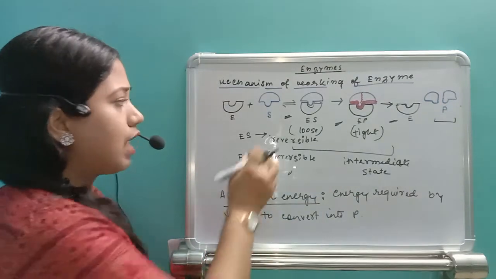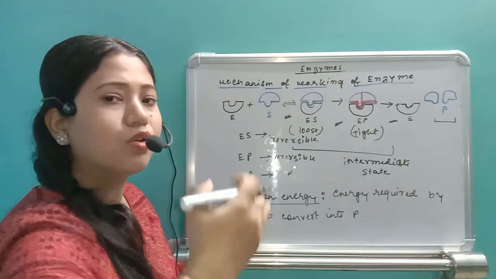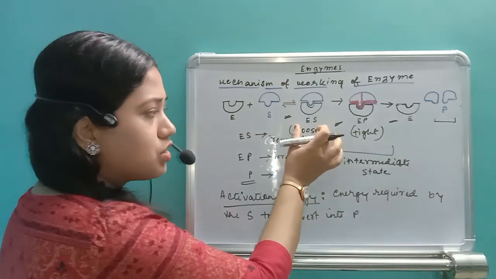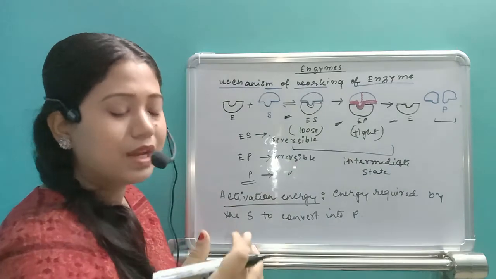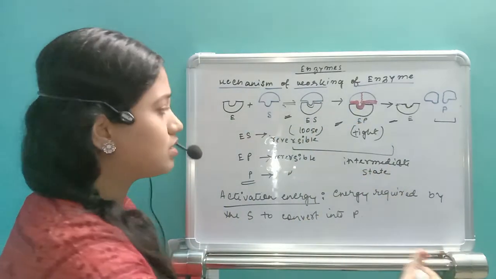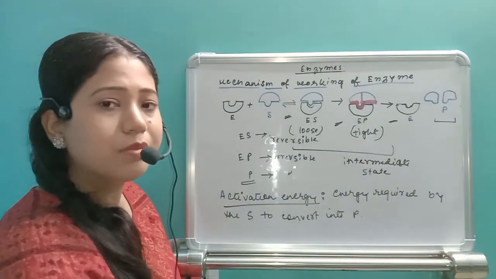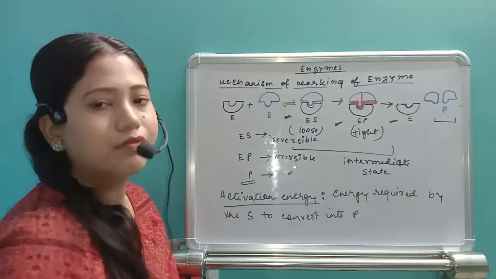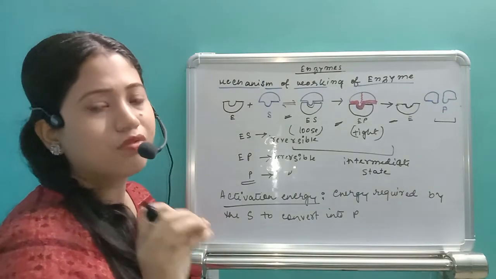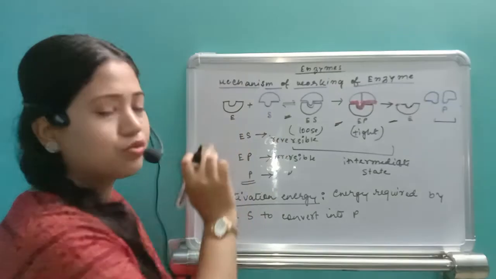Every substrate requires a minimum energy. It will proceed, then reach the enzyme-substrate complex, meaning the energy level barrier has been reached. Then after that EP is formed, and another level of energy will be required, and after that the product will be formed. So a certain amount of energy is required by the substrate so that it can be attached to the enzyme.